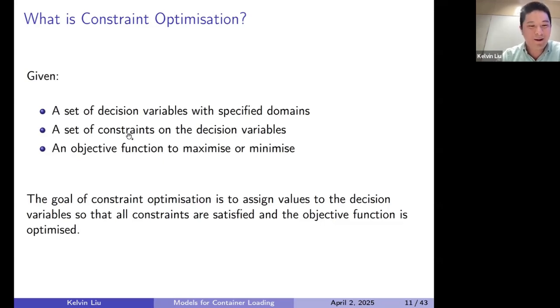The goal of constraint optimization is to assign values to the decision variables while ensuring that all constraints are satisfied, and we also want to optimize the objective function. Depending on whether it's a maximization or minimization problem, we either want to maximize or minimize the objective function.